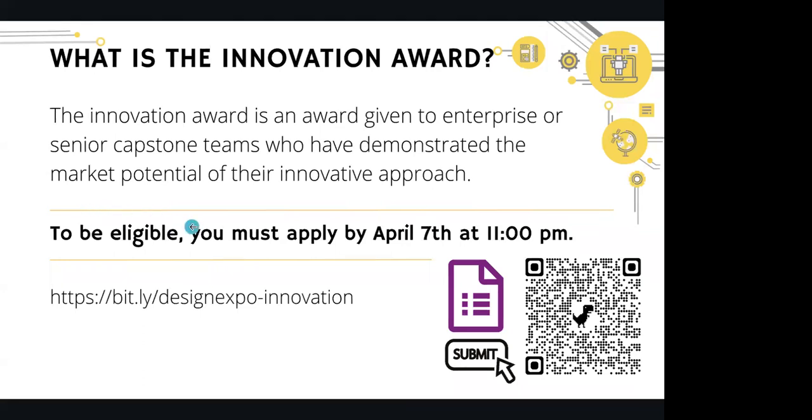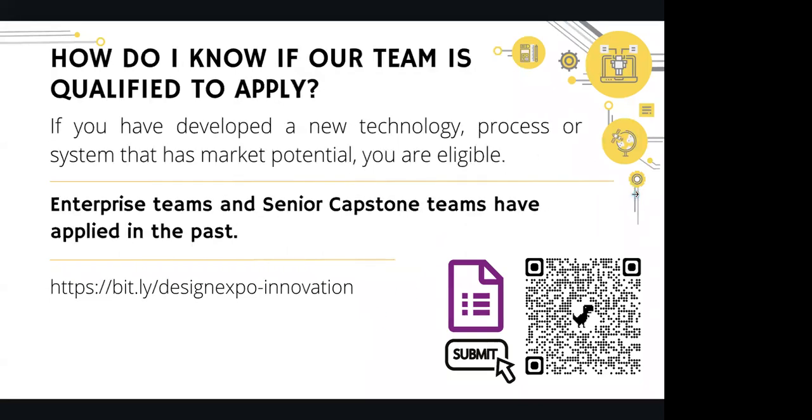The deadline to apply is April 7th at 11 p.m. Teams that are eligible to apply include enterprise teams and senior capstone teams. If you've developed a new technology, a process, or a system through your enterprise experience or your senior capstone experience, then you're eligible.